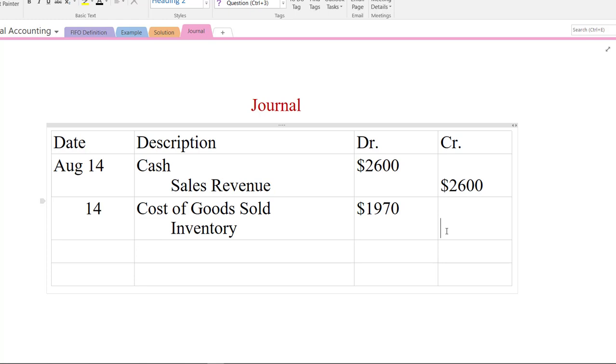So there is a decrease in the assets of 1,970. A decrease in the assets is credit for 1,970.